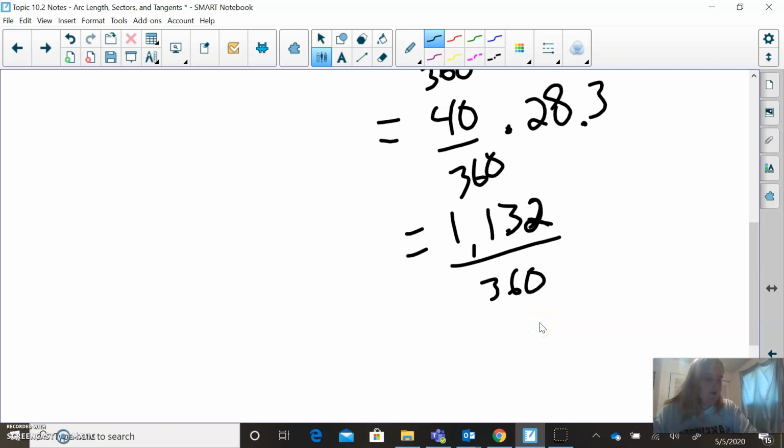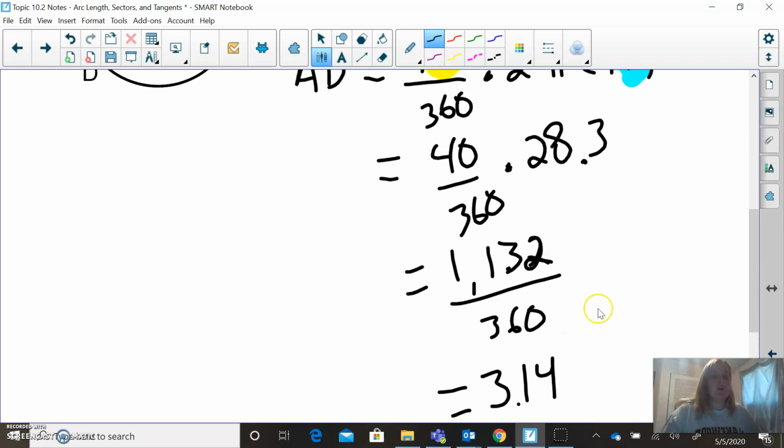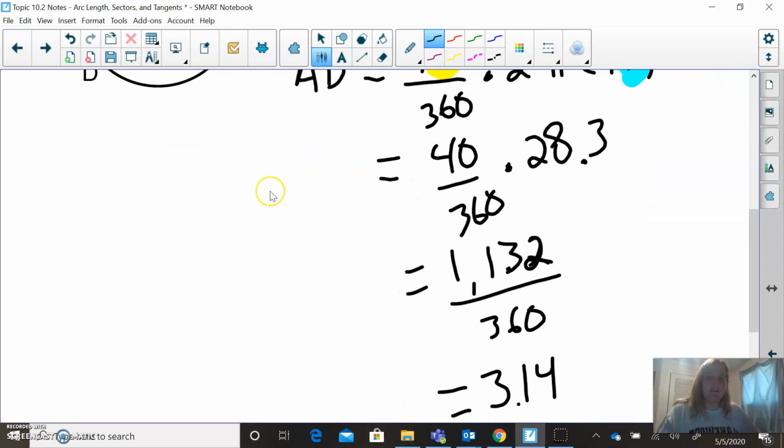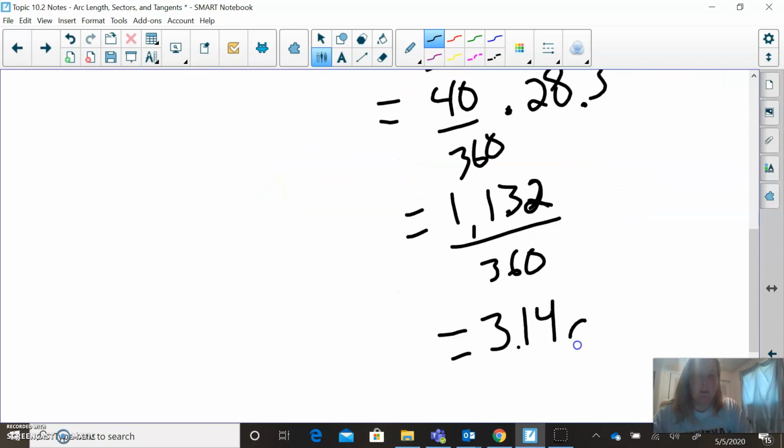And that will give you 3.14. Now, we are working with length, so we have a unit, and it's centimeters. So remember, length is one dimension, so it's not squared, it's just centimeters. Okay, guys, pause the video when you need to, okay? Make sure to ask questions.